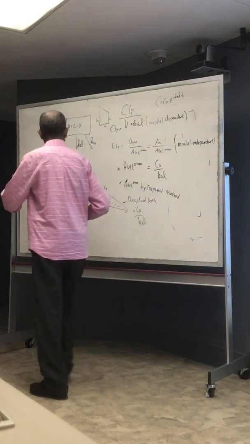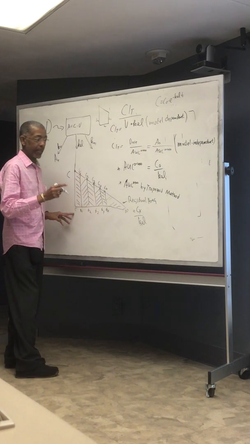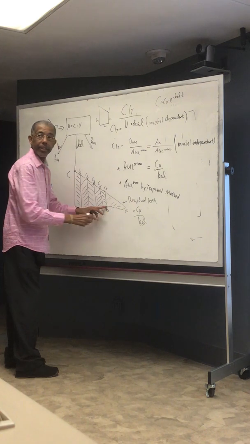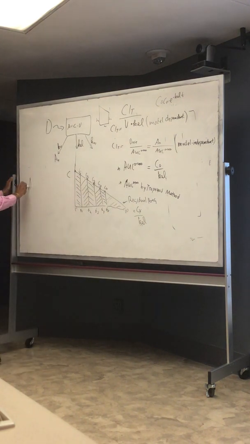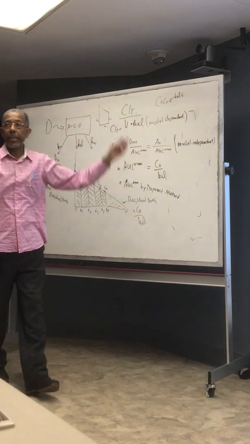I'm going to end right here: if I add these five trapezoids together, and remind me to start on this the next time we meet, plus the residual area, then the total area under the curve from 0 to infinity is equal to the area under the curve from 0 to Tx plus the residual area. That would be the total area under the curve. That would give you the whole shebang.